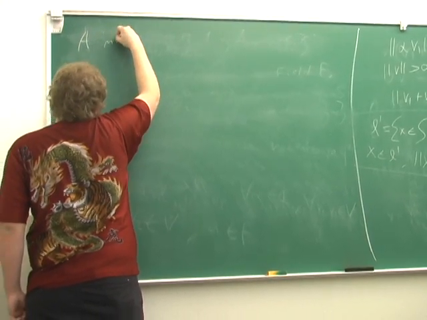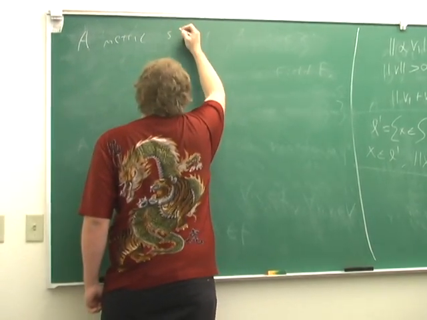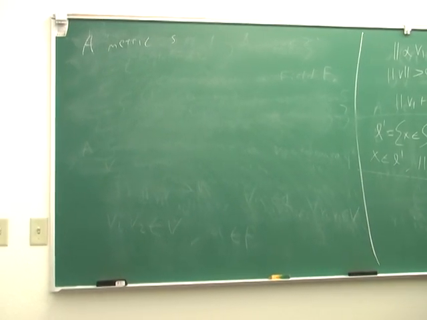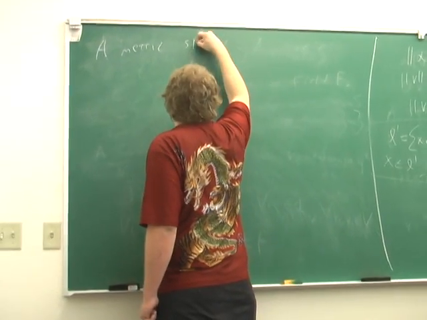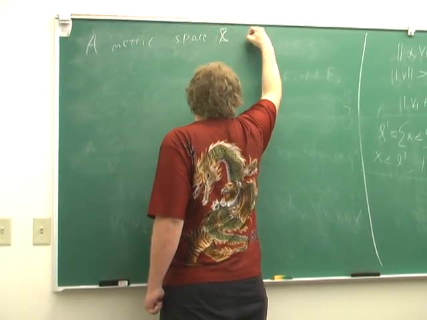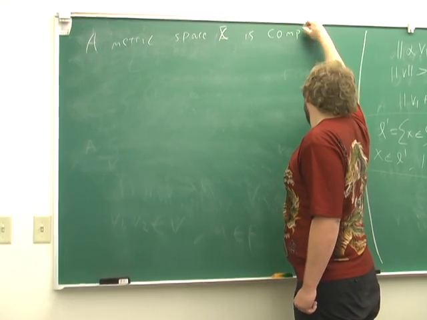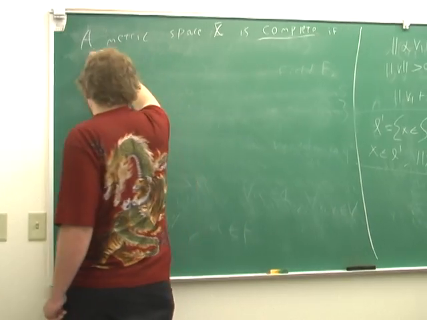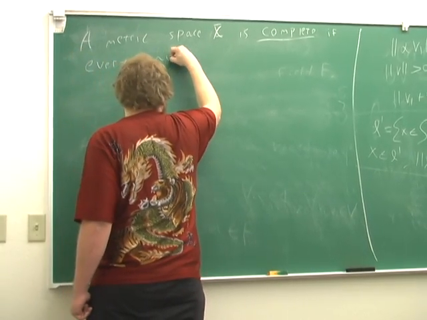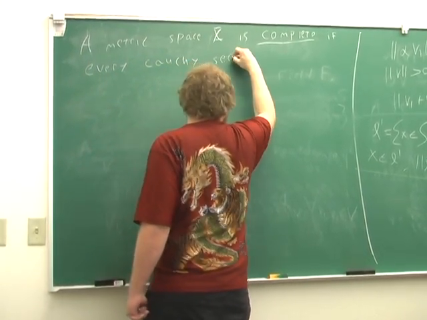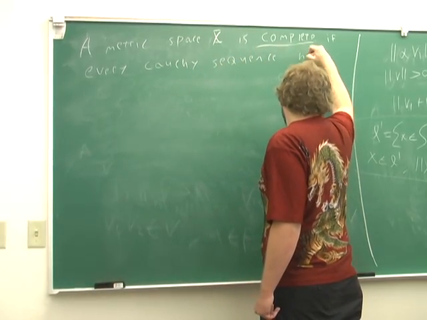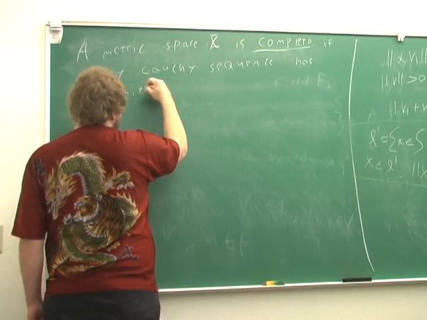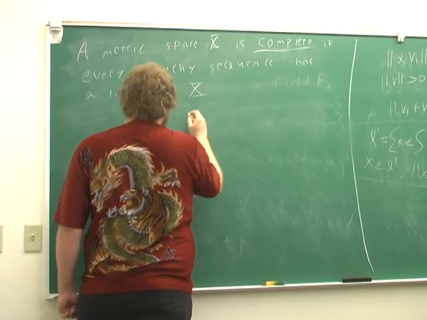So we can now say that a metric space is complete if every Cauchy sequence converges or has a limit in the metric space.